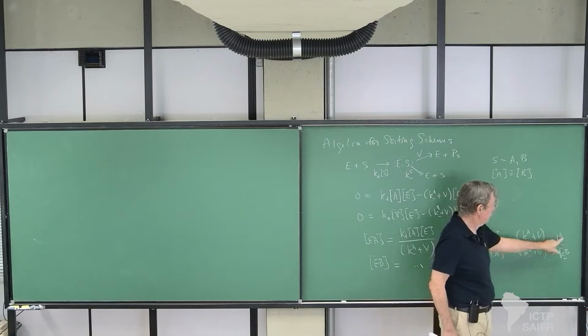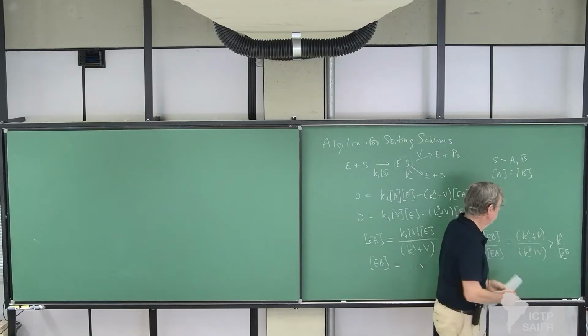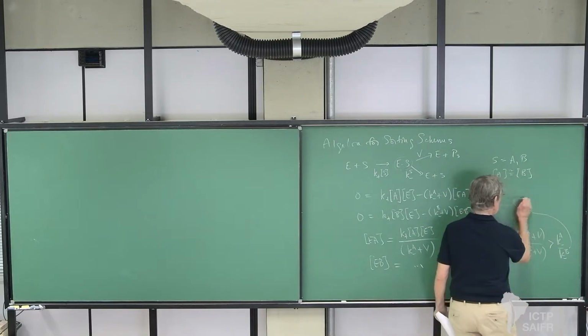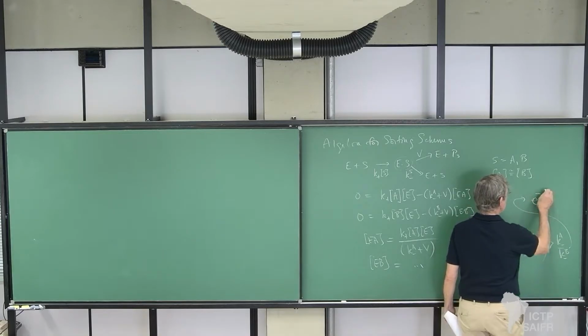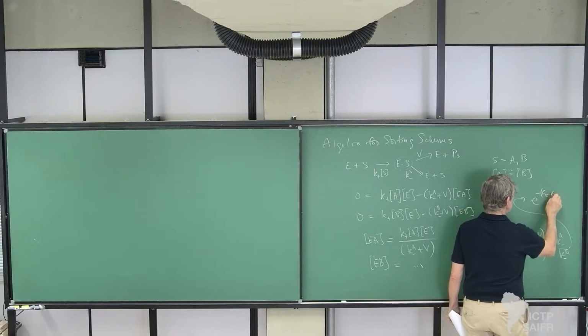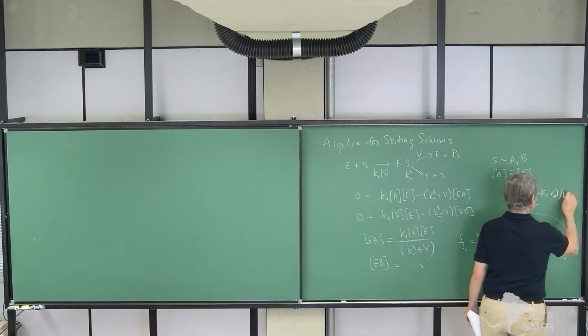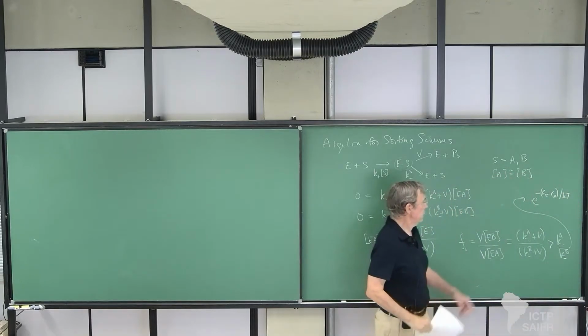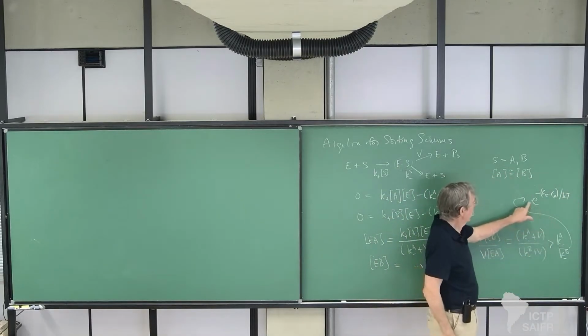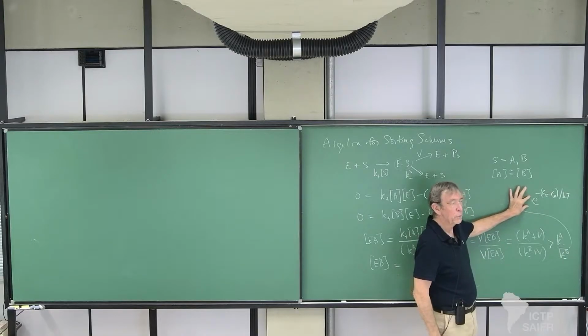And all you need is to have e to the minus (E_B minus E_A) divided by kT. All right. So basically, there are other factors, but they're presumably of order 1.